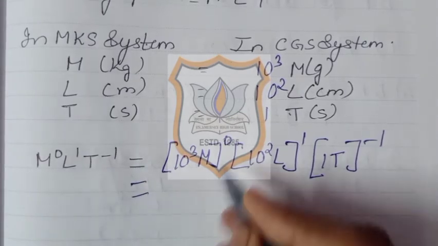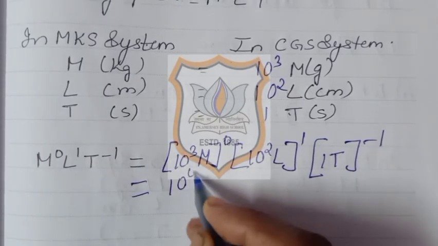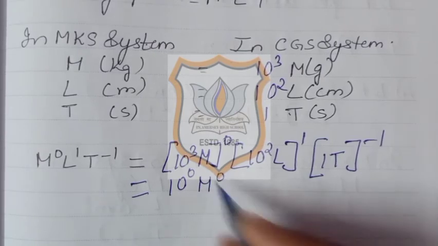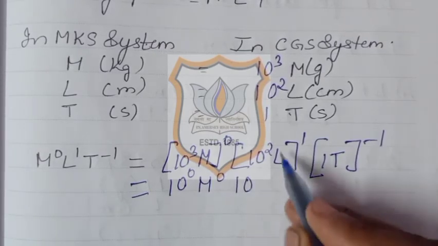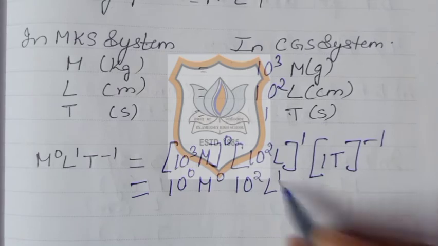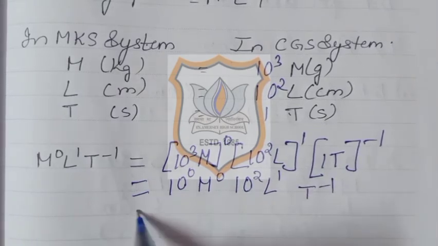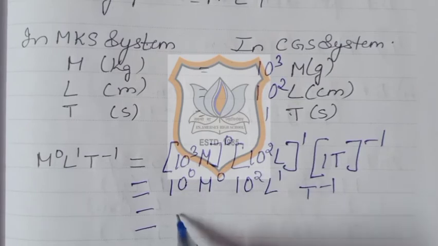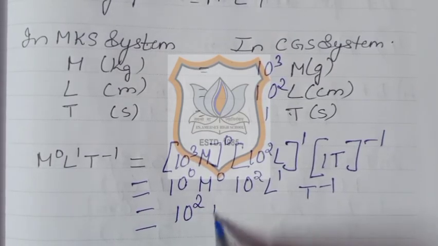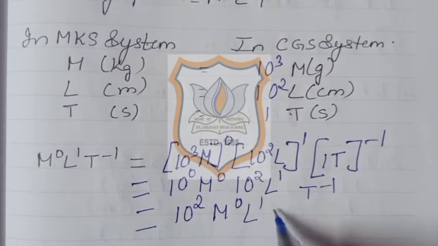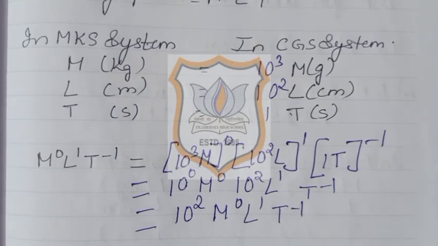Now solve it out. 3 zeros are 0, m raised to 0, 10 to the power 2 ones are 2, l raised to 1, t to the power minus 1. So this will be 0 plus 2. So 10 raised to 2, m0, l1, t minus 1.